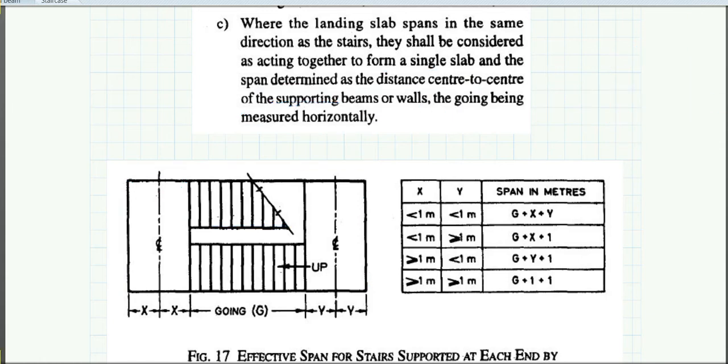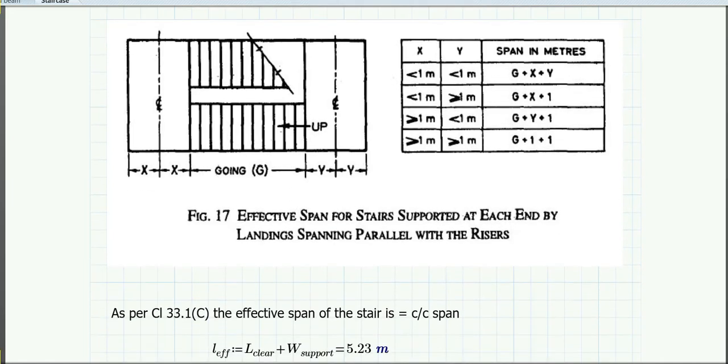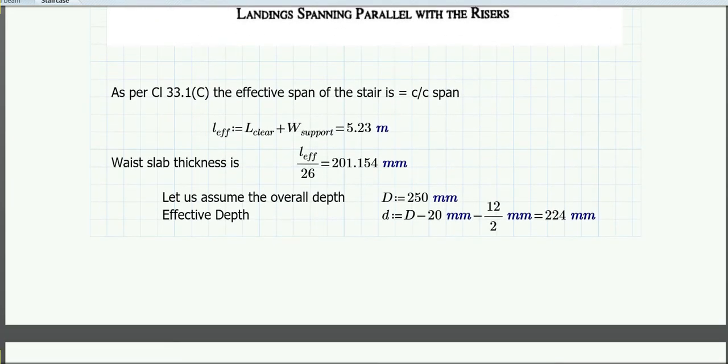I think if the different conditions are given, you can find out the effective span for your staircase. So now let's find out our effective span. As per clause 33.1c, the effective span will be the center to center span, which will be L clear, which we have already calculated, plus the width of the support, because this is center to center of the supporting beam.